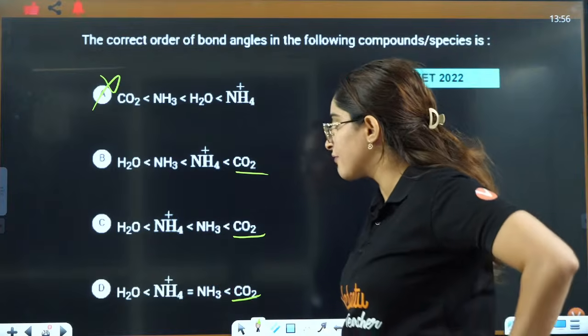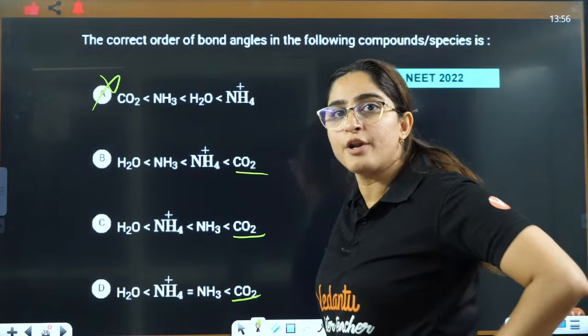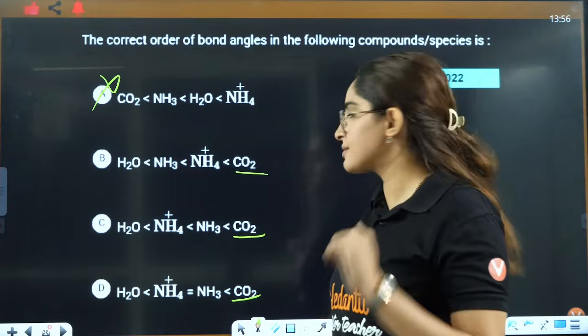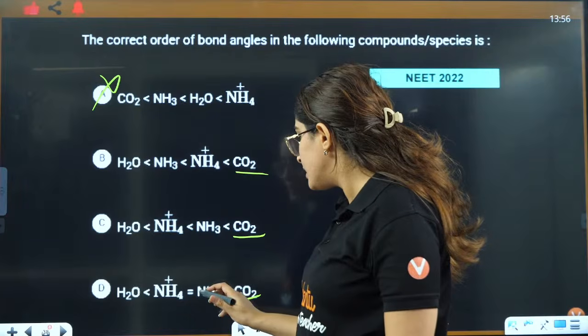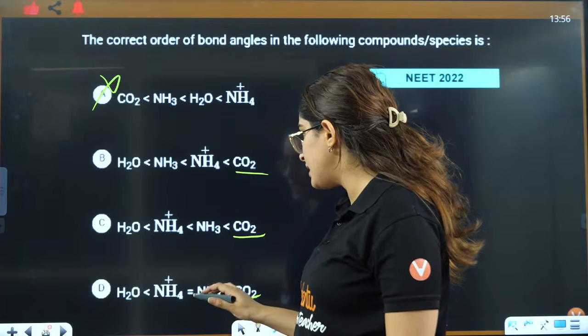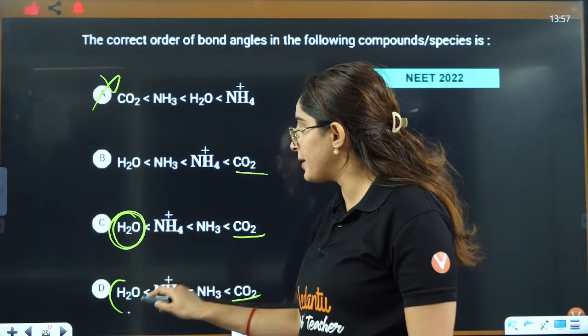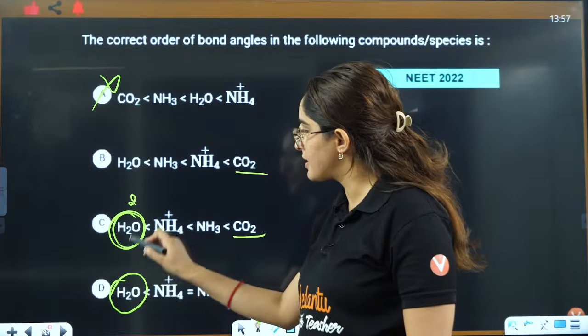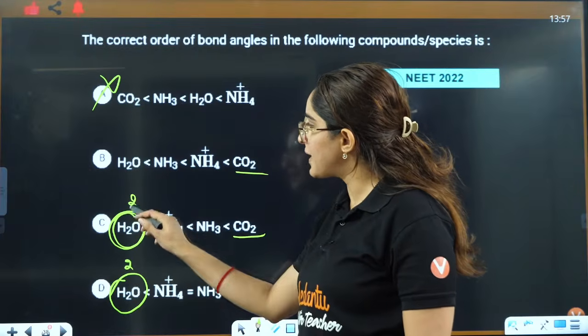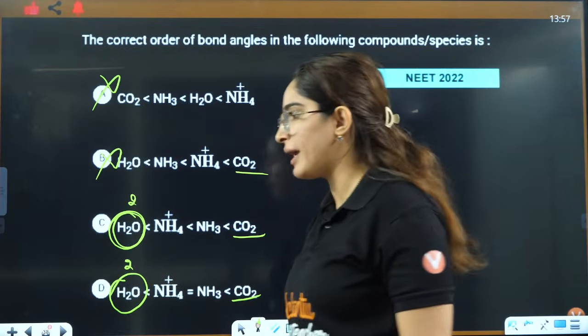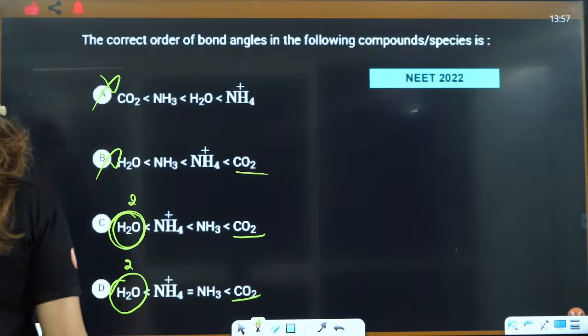Now these three have the same hybridization. More is the lone pair, less is the bond angle. So this will be the least one here, because there are two lone pairs. This is also eliminated.